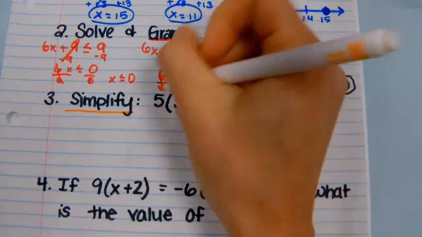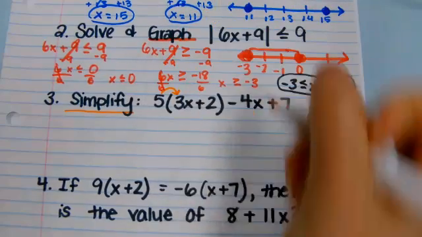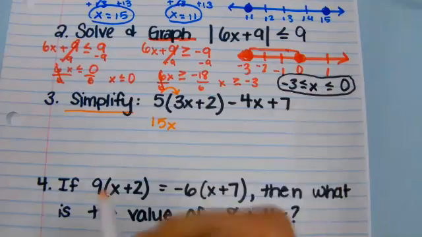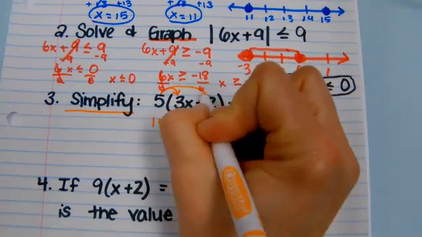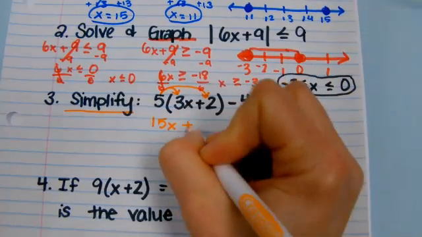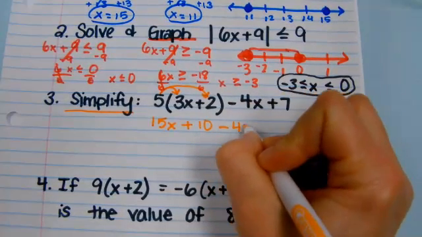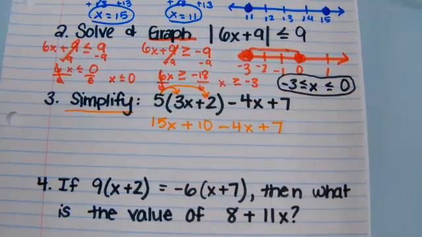If you have parentheses, you've got to distribute first. 5 times 3x is 15x. Do not forget this part. 5 times 2, you've got to do the second part, is positive 10. This part, just bring it down: minus 4x plus 7. Is this as small as you can get this?